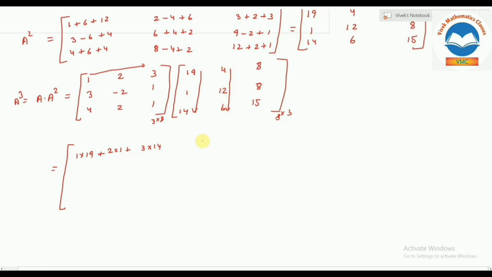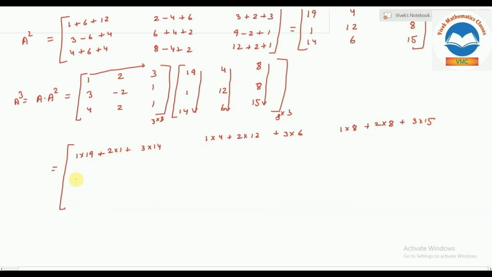Second column will be multiplied and we will write here. So this will be how much? 1 into 4 plus 2 into 12 plus 3 into 6. Next we will get first row, third column. So you will get 1 into 8 plus 2 into 8 plus 3 into 15.